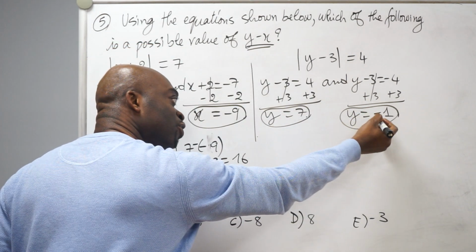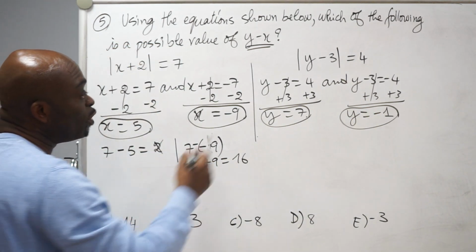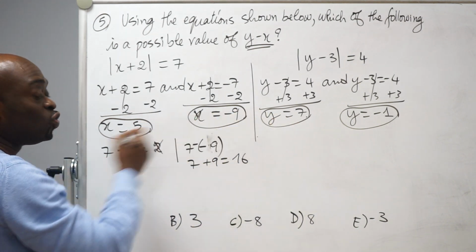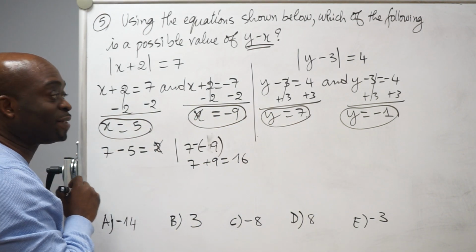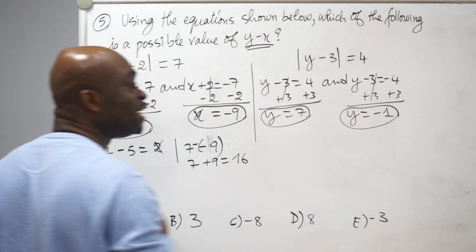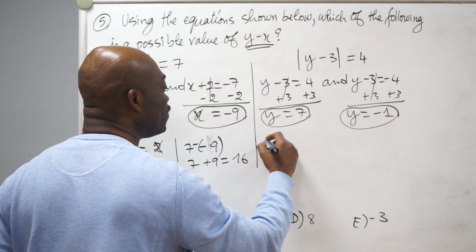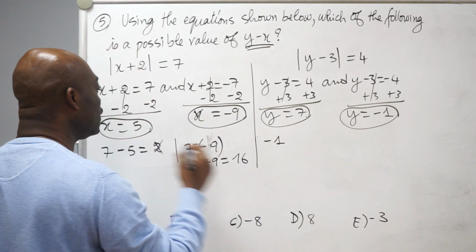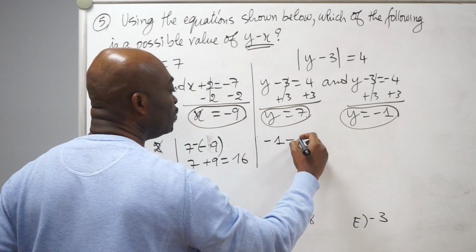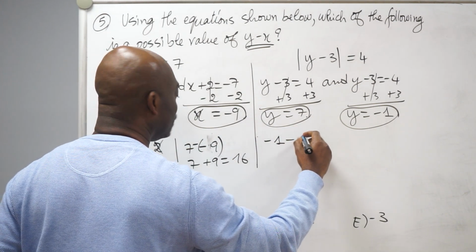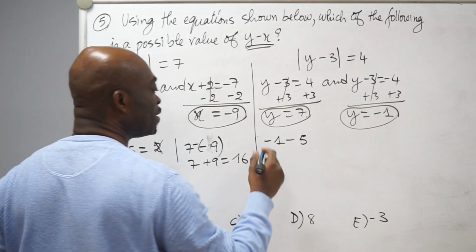Now we're going to use y equals negative 1. We used y equals 7 for the two answers for the x's, and now we're going to use the negative 1 for the same ones. So let's go for it. We have negative 1 minus 5. What would that give us?